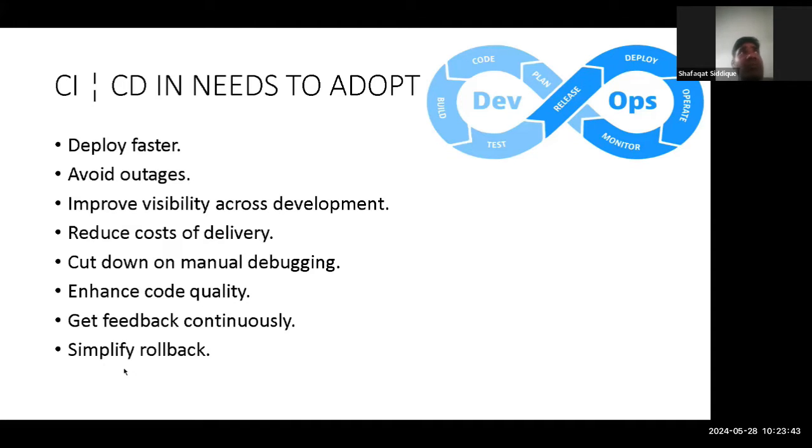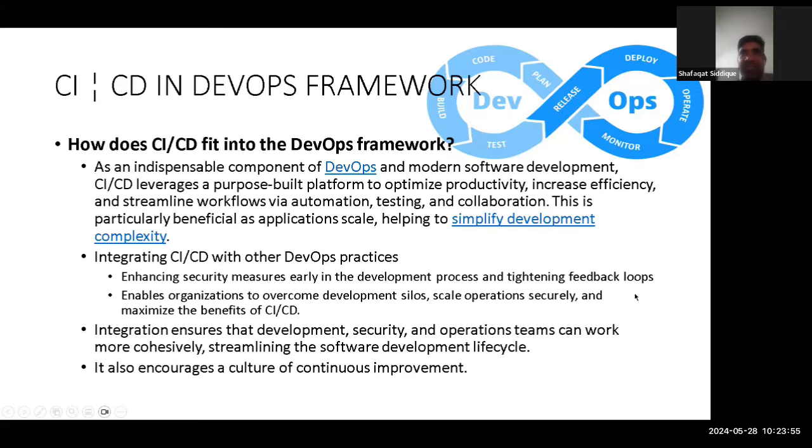And next, why are we going to need to adopt this? That is, deploy faster. The first thing, already explained. And avoid outages. Already told you that it never happens that the workspace is down.